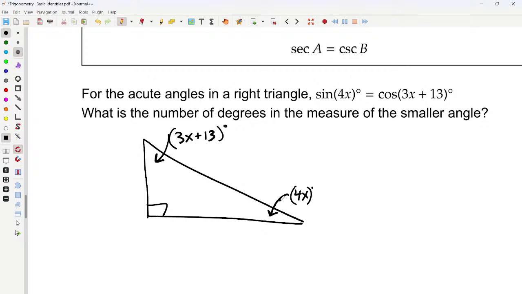They have to add up to 90. 4x and this add to 90.